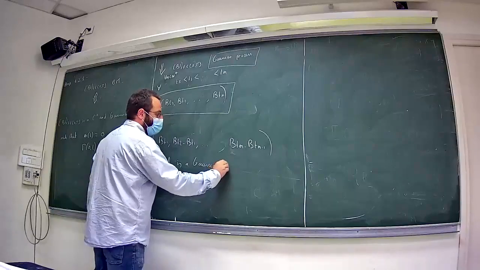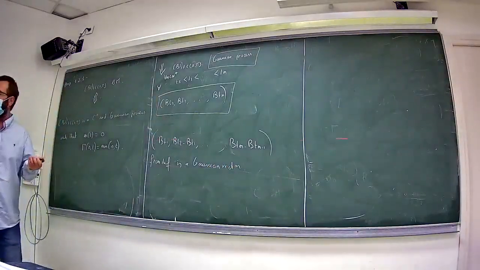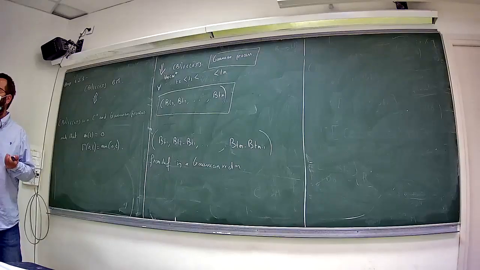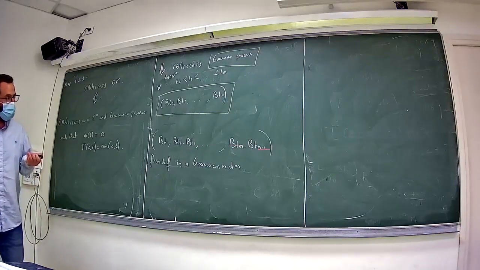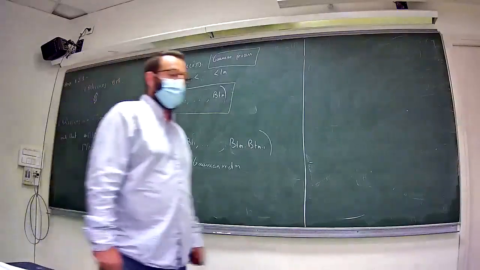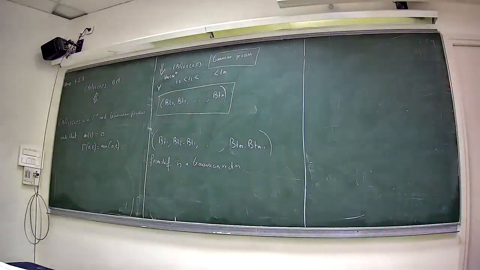Because I have the Gaussian property of the increments, and it's also important here that I have independence of the increments. So all these random variables here are independent because they are increments on intervals with an intersection that is at most a singleton. Okay?